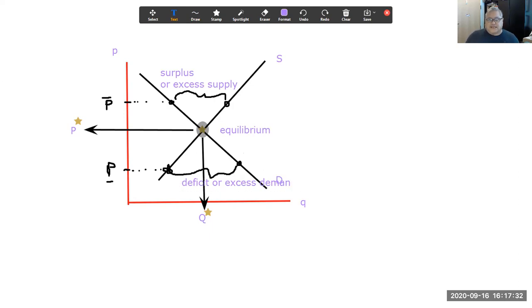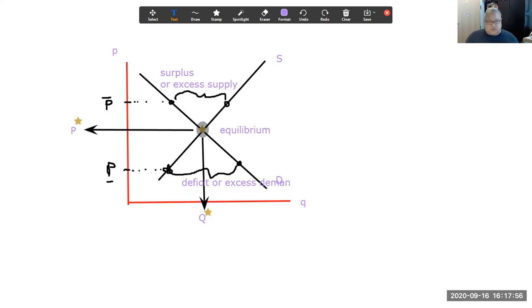When will the market not be in equilibrium? Well, the market might not be in equilibrium when there is a sudden change in any one of the factors that either affect demand or supply, or whenever there is an intervention in the market by either a contract or a constitutional or a governmental issue.